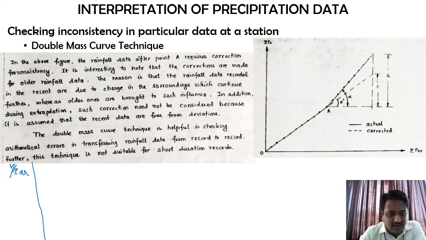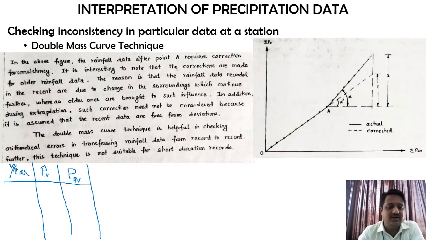Then we are going to have the Px. The third column usually will be the P average. These three columns usually will be given to you. First let us understand what these three are indicating.